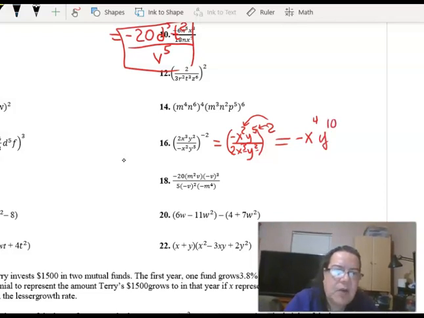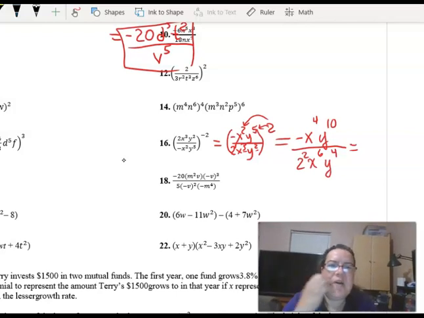Because to a power you multiply, so 2 times 2 is 4, 5 times 2 is 10. Then at the bottom, we have 2 squared. Don't forget, because this is 2 to the 1st power, 1 times 2 is 2. x to the 6th and y to the 4th power. So I'm getting closer to getting some kind of answer, right?